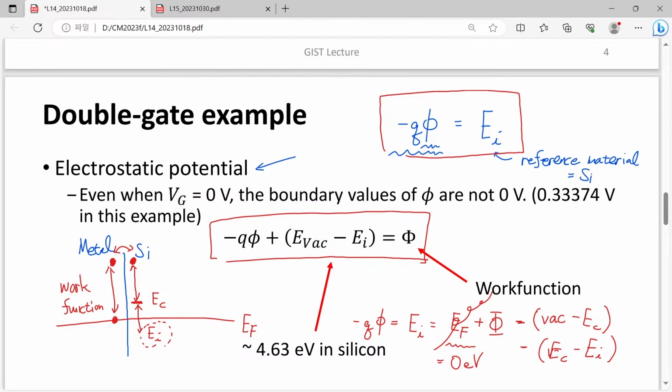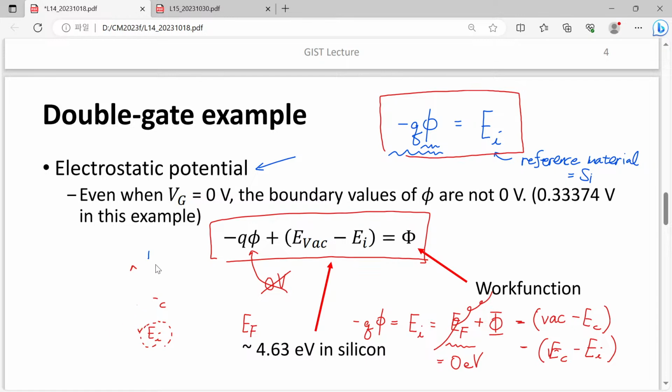So simply speaking, even when we have the equilibrium case, our electrostatic potential phi is no longer 0 volt, but it has a non-zero value. So please note that when we apply our Poisson equation to this metal semiconductor interface, we must apply this condition to consider this boundary value. Okay, so this is the one.